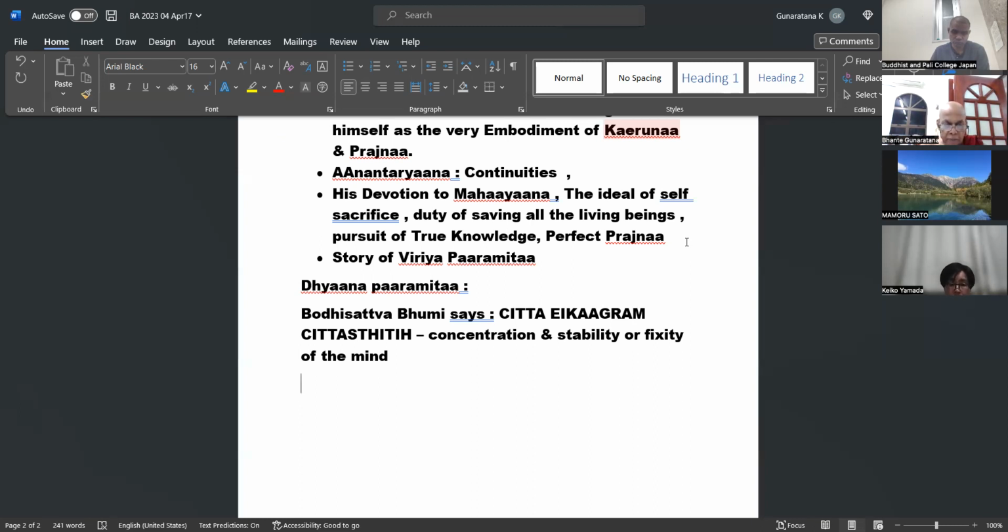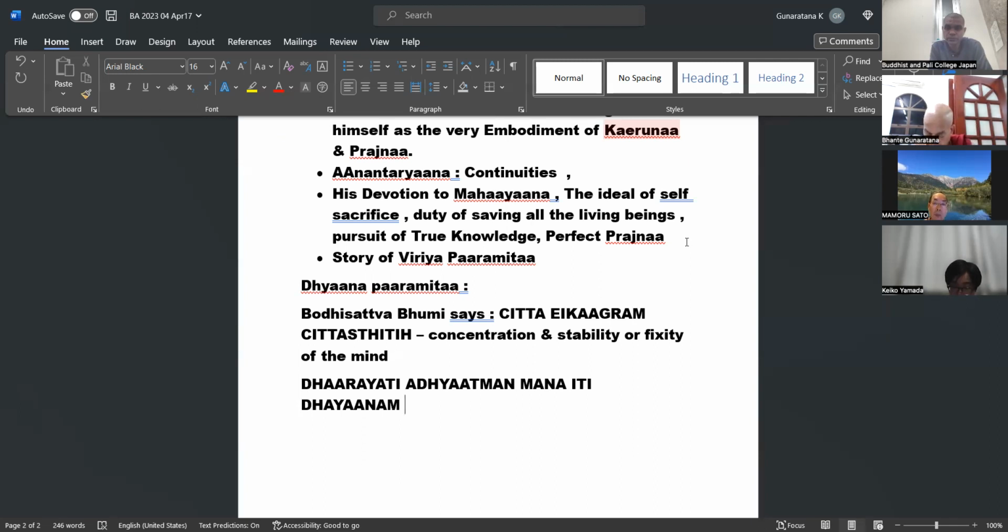Dharayati adhyatma mana iti, Dhyanam. This is important.